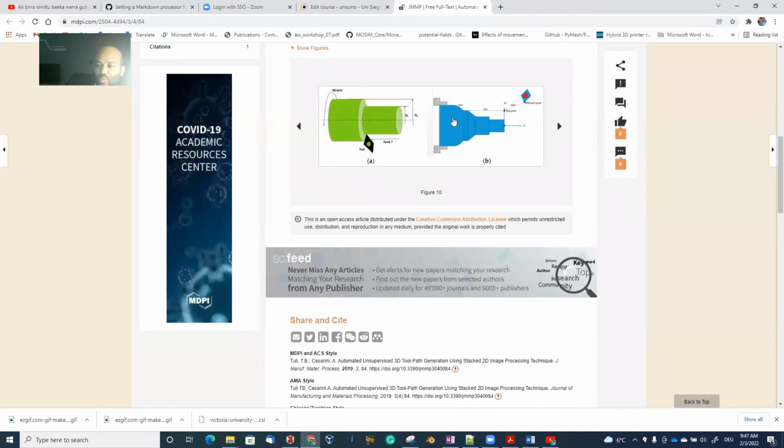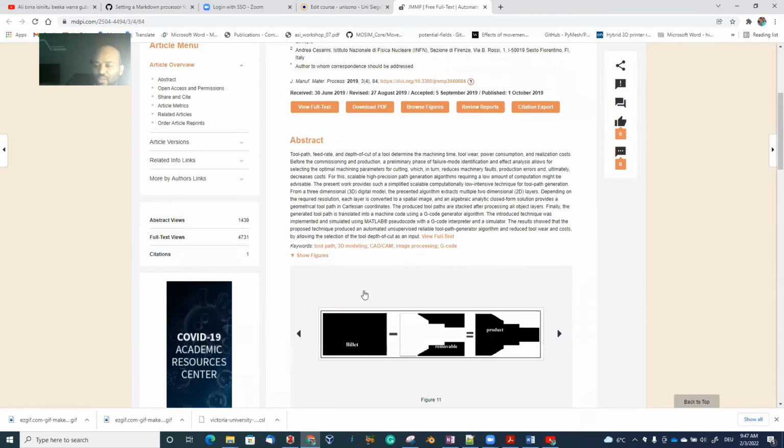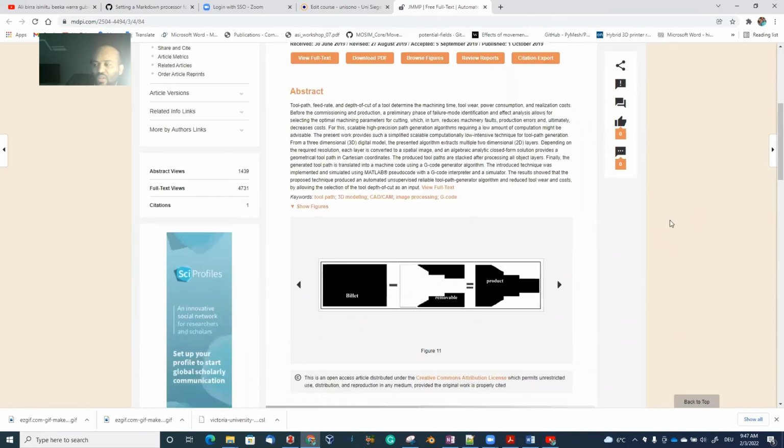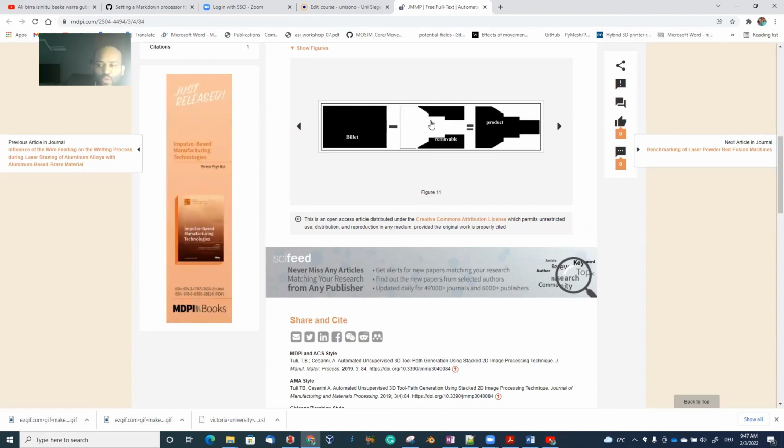By doing subtraction, what I did was first I define my stock, as you see here. From the stock, I remove the inverted image of the part to be produced.